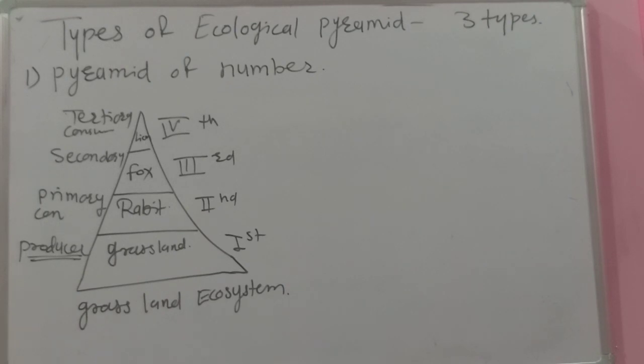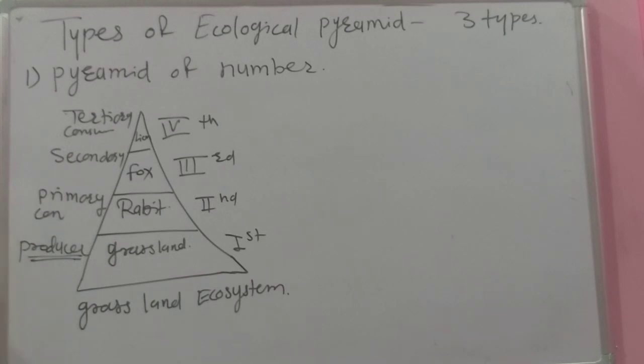This grassland ecosystem represents various layers. At the base, the grass means the producers. The rabbit depends on this grass; this is the primary consumer. Then the fox depends on this rabbit; this is the secondary consumer. And the last one is the lion. This lion depends on the fox. This is the tertiary consumer.